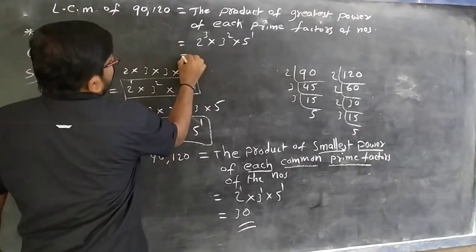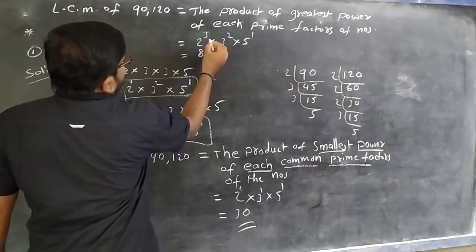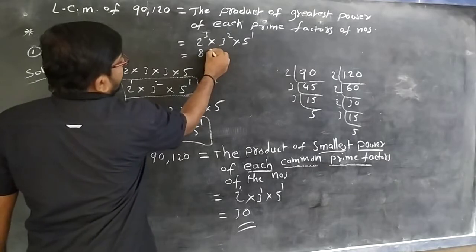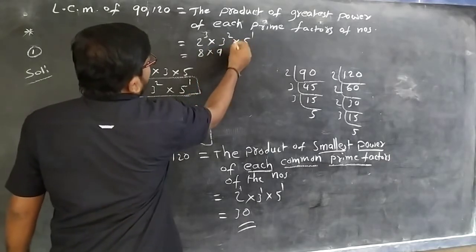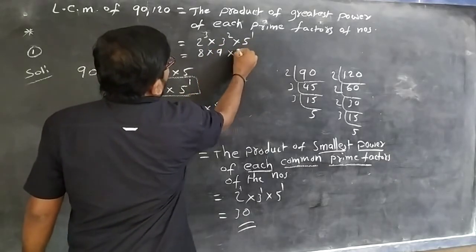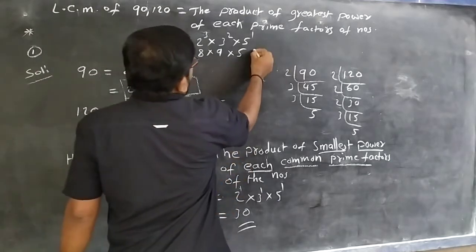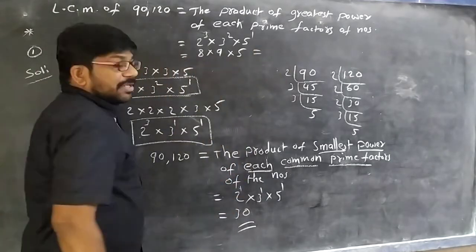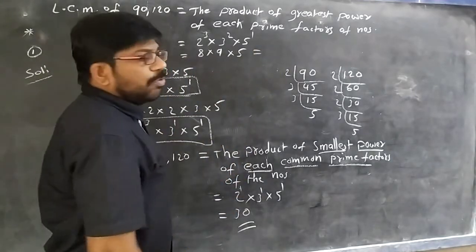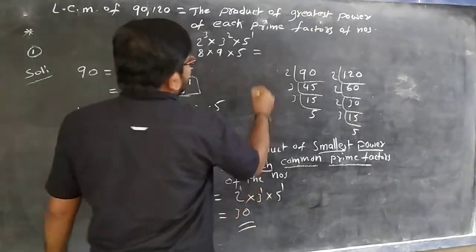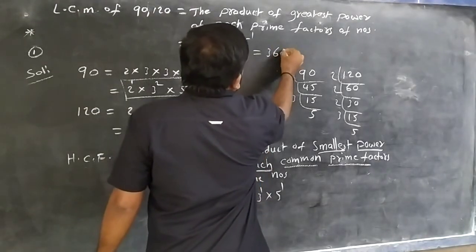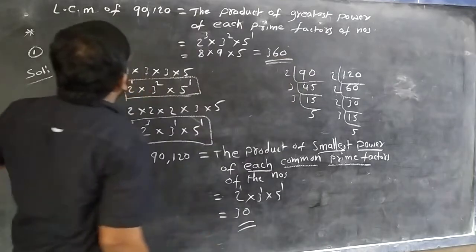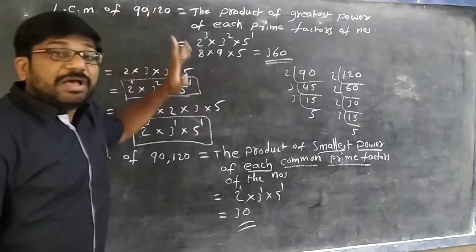That is equal to 2 cube, 8, into 3 square, 9, into 5 power 1, 5. So 8 nines are 72, 72 fives are 360. This is the LCM of the numbers.